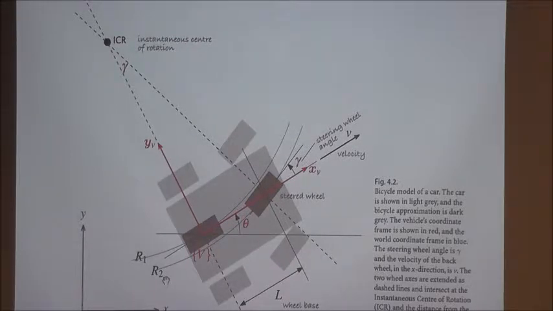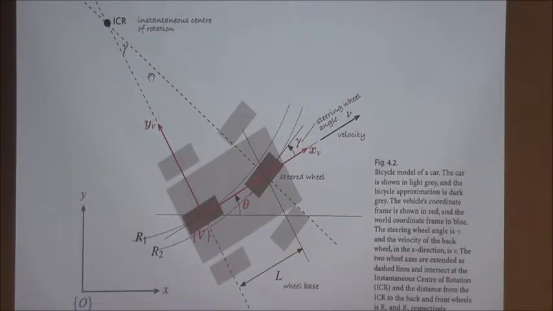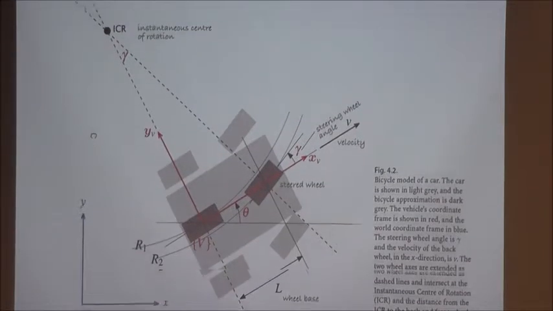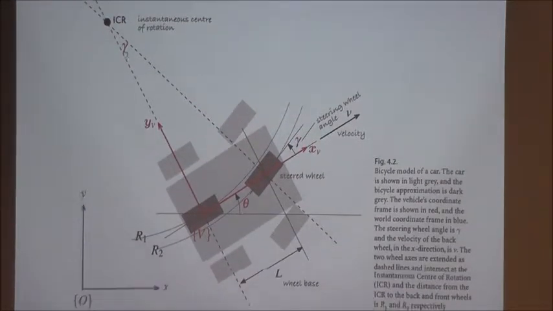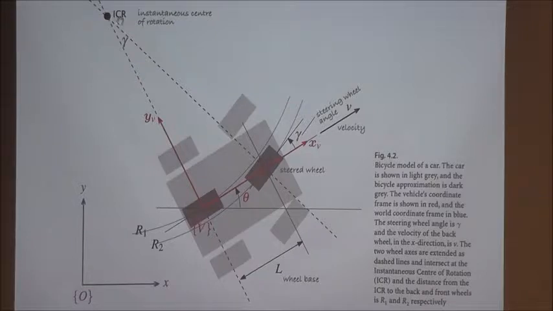R1 and R2 are the 2 radii of these 2 circles. If I draw a tangent to the first one and another tangent to the second one and put these dashed normals on those lines, they intersect at the point called ICR, the instantaneous center of rotation.